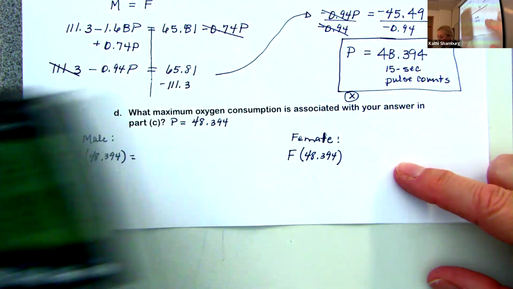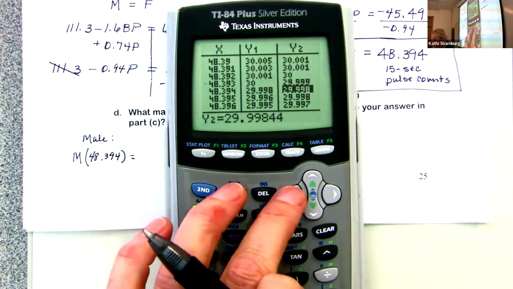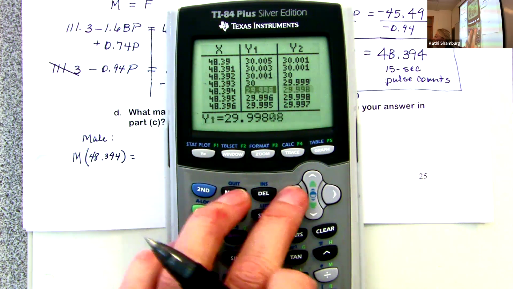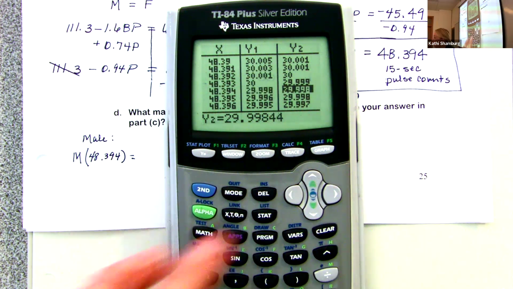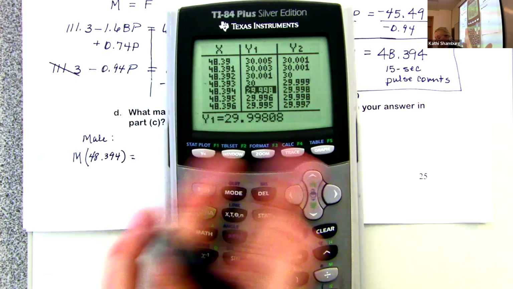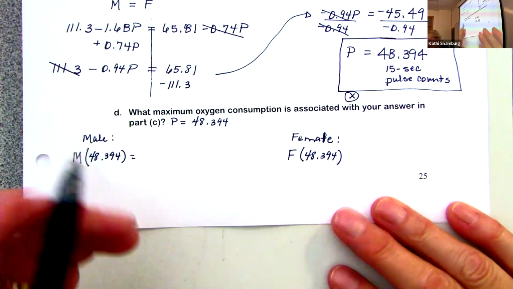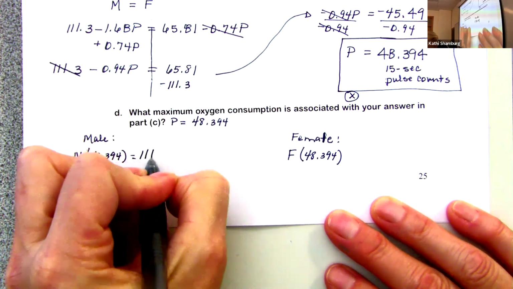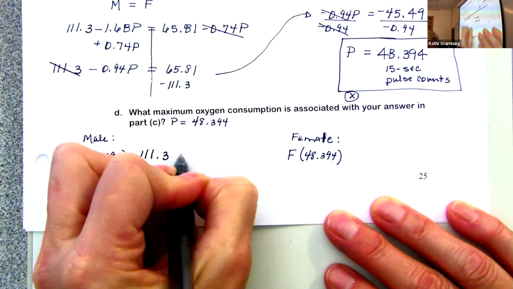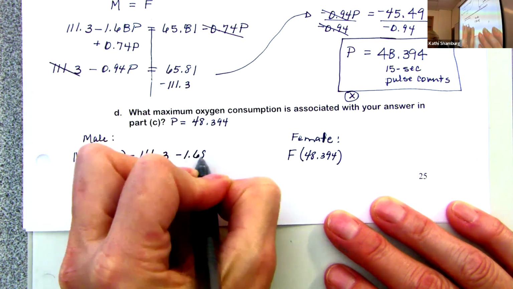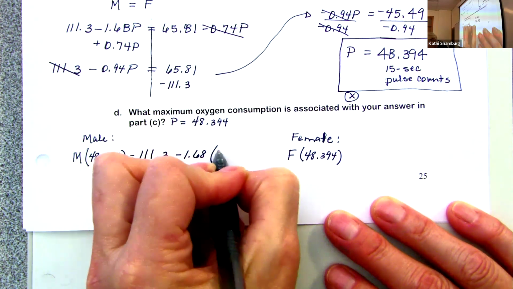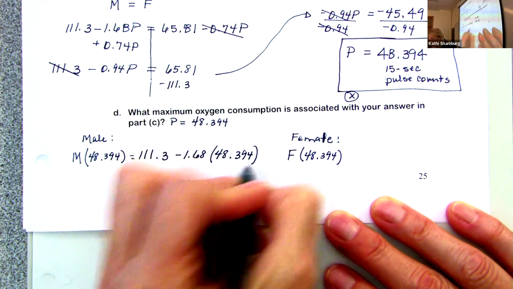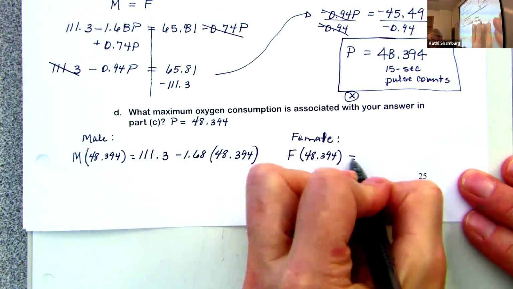Now, we can look at the table. What answer should we get when we plug it into the formula? 29.998, okay? But what we're going to do is look at the male equation, and we're going to substitute it in. So 111.3 minus 1.68, and we're going to multiply times 48.394, and we're going to confirm that that's the value we get.